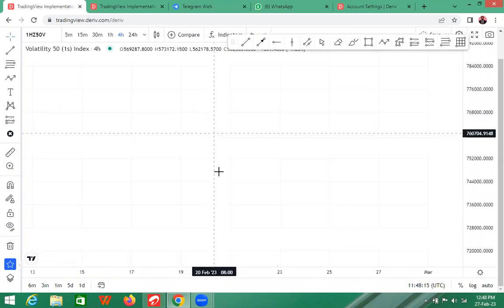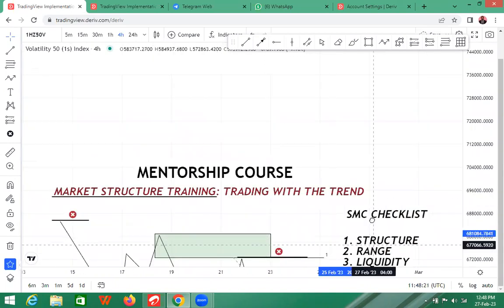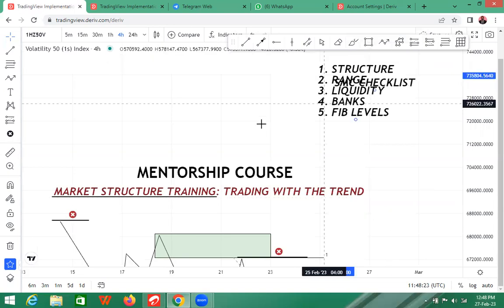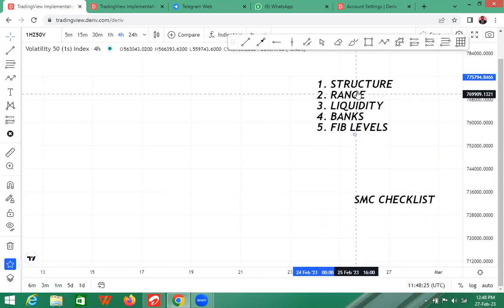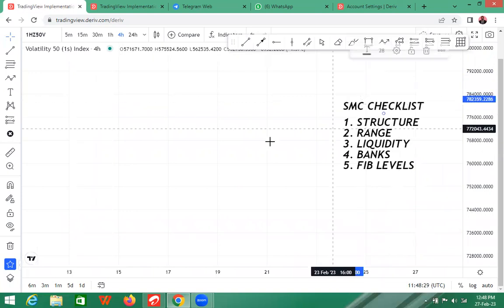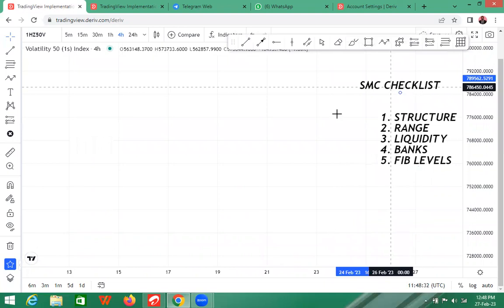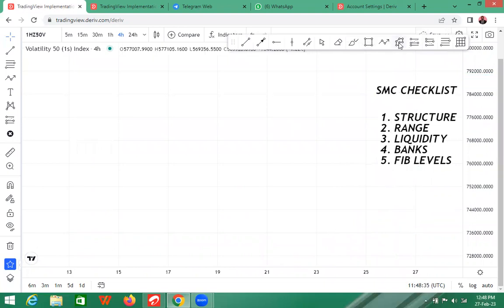I want to deal with the trend, how we should take trade. So if I can move this one up, let me move this one up. Okay, something like this. So like I said, we trade on a higher time frame.